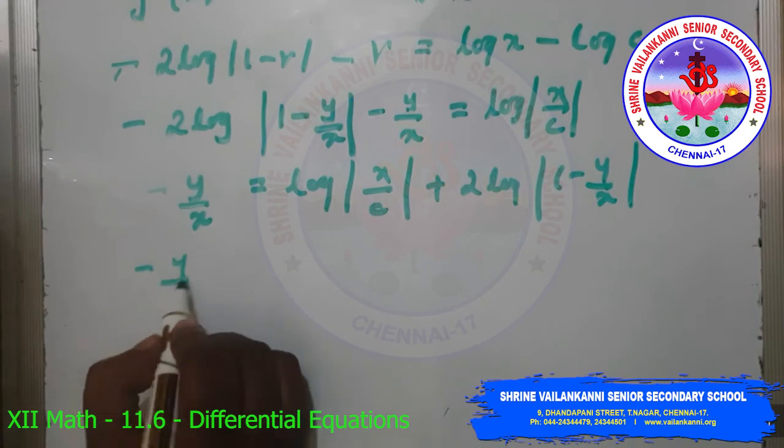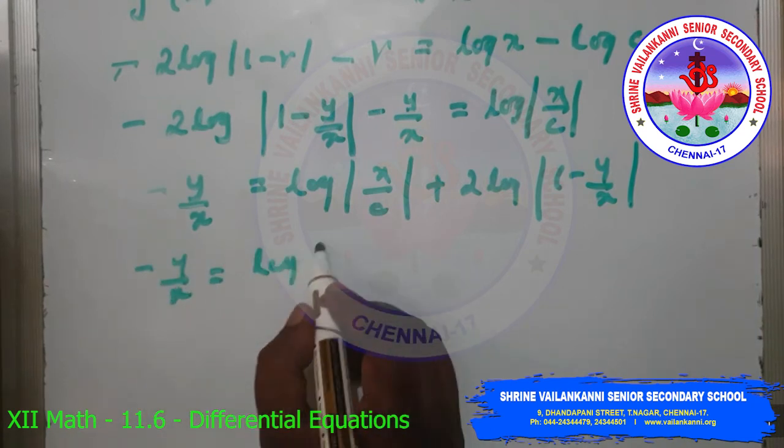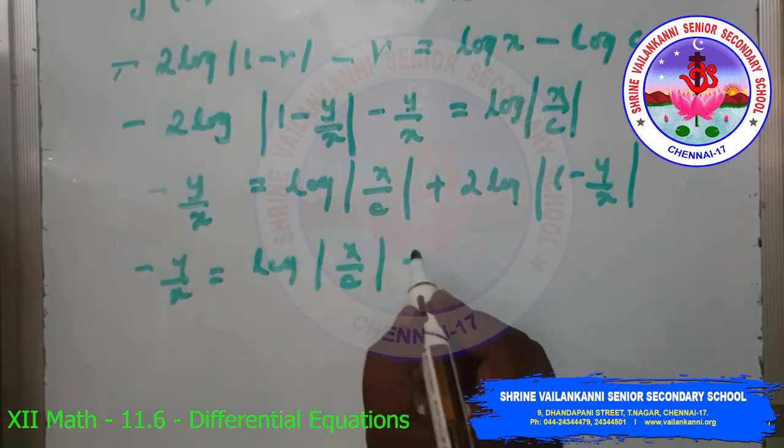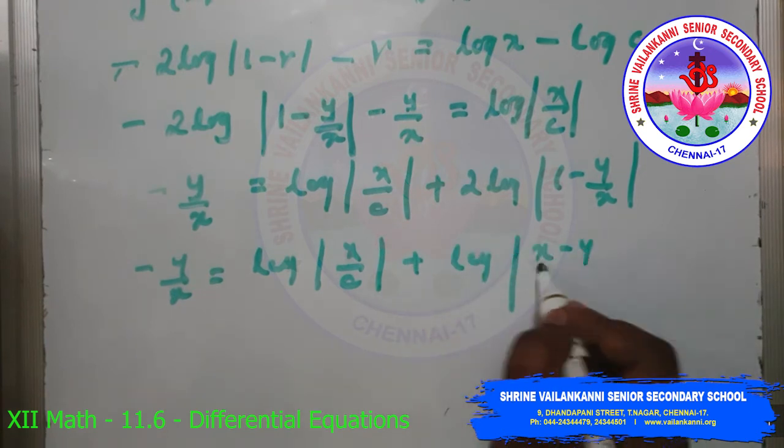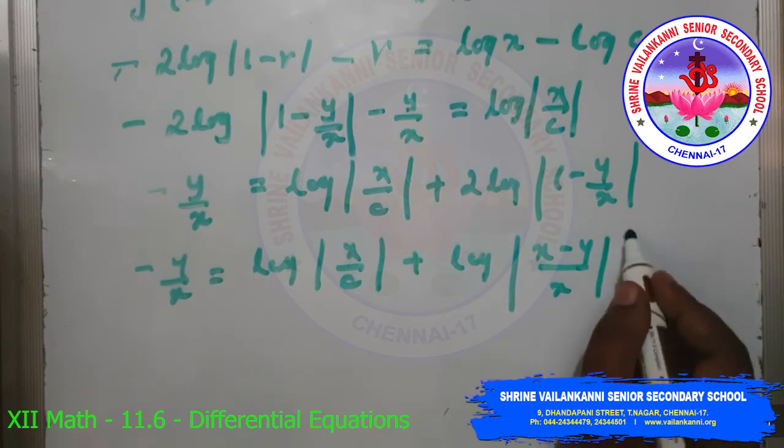So −y/x is equal to log(x/c) plus log((x − y)/x) whole square.